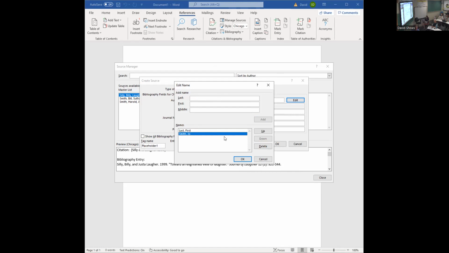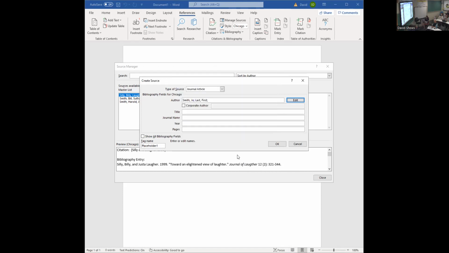I can also flip those around if I need to move them up or down. And so there's my authors. So that's the title of my journal article. And let's say the name of the journal.